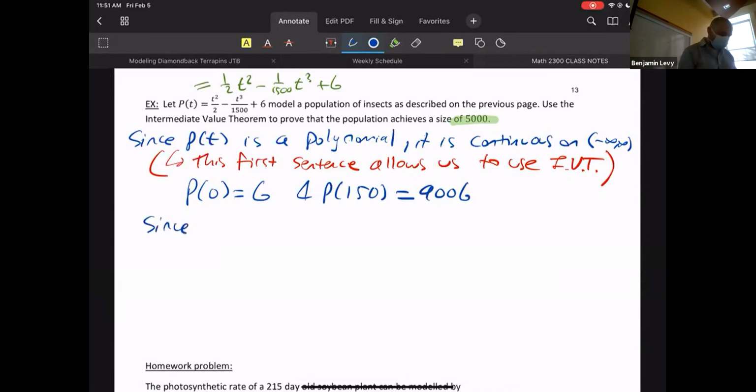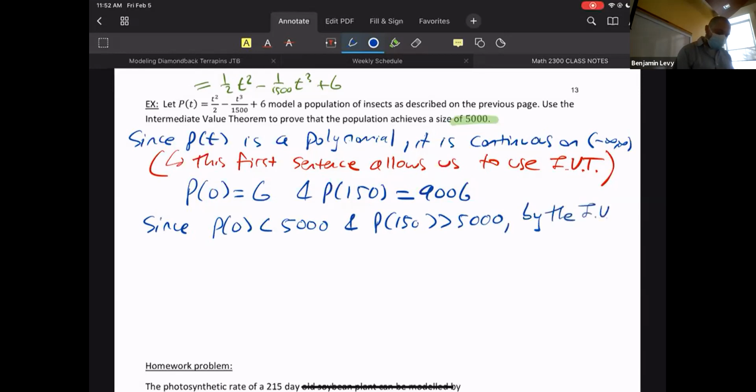So since P of 0 is less than 5,000 and P of 150 is bigger than 5,000, by the intermediate value theorem. You're just quoting the theorem, you don't have to explain it. It says, hey, look at the theorem, it explains it.